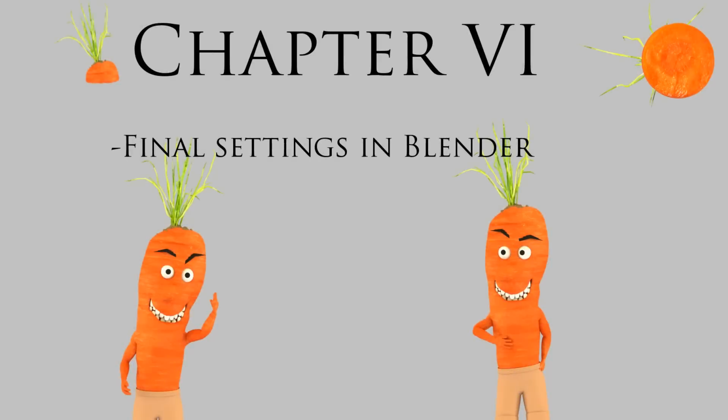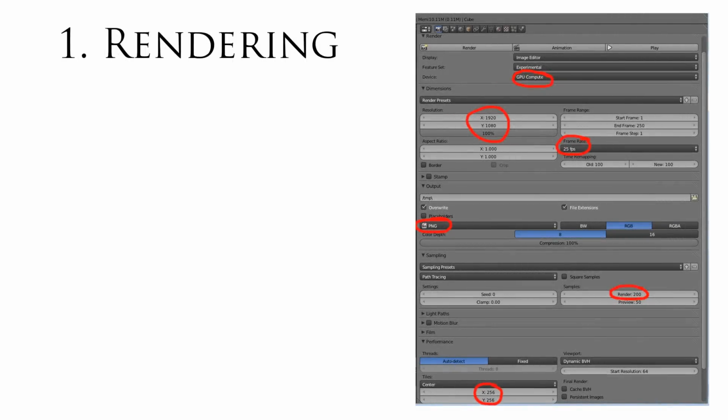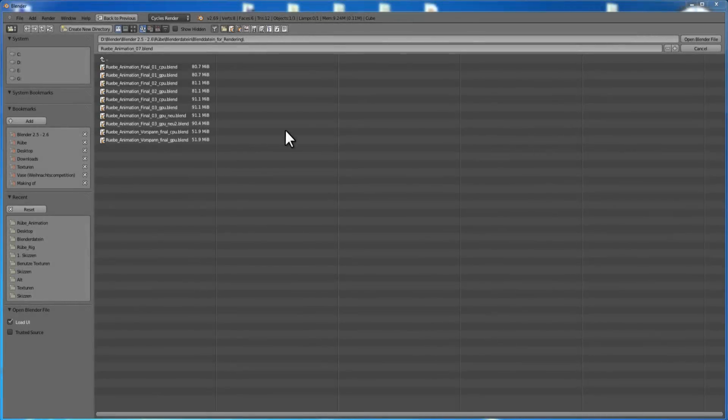And now we come to the last chapter, which briefly describes the final settings in Blender. So, these are now the final blend files which I've created for the final rendering.